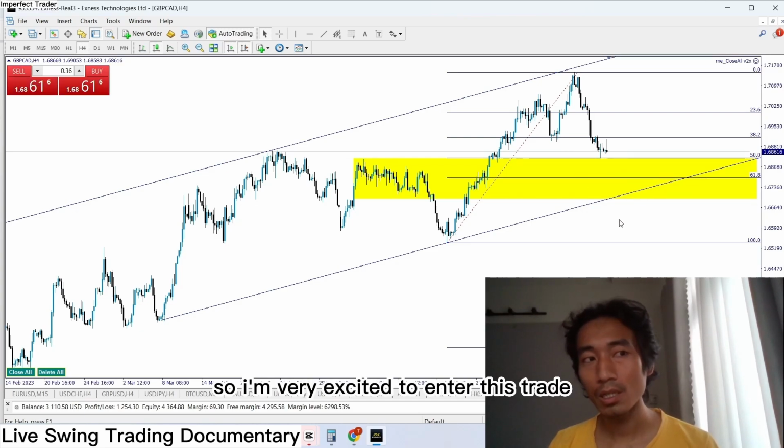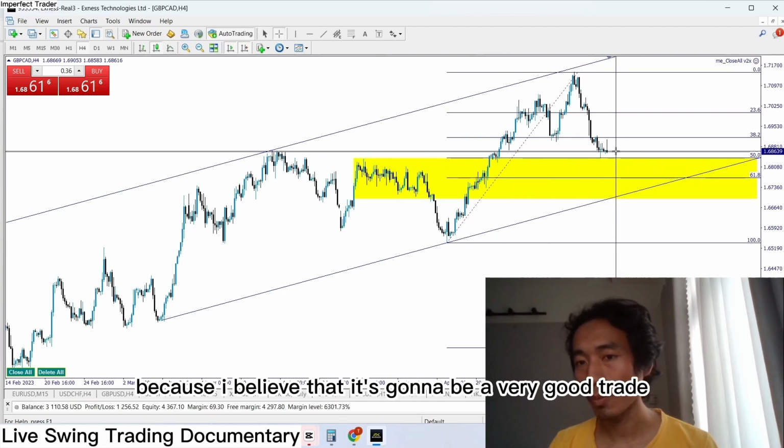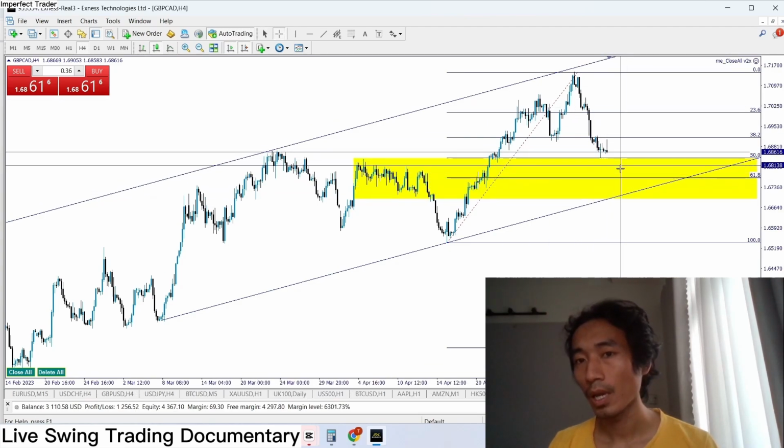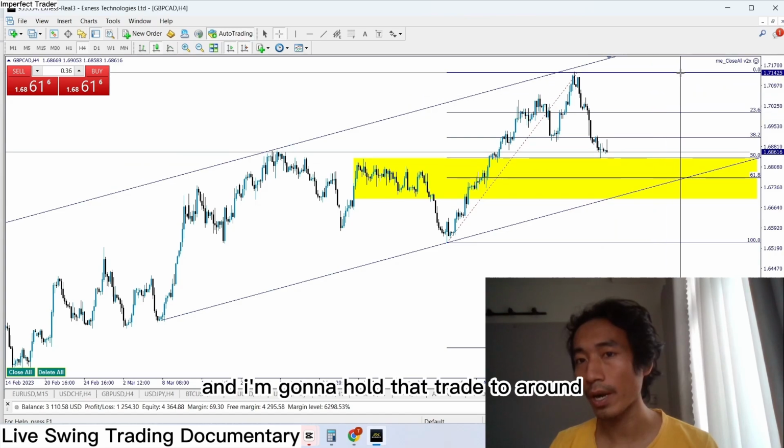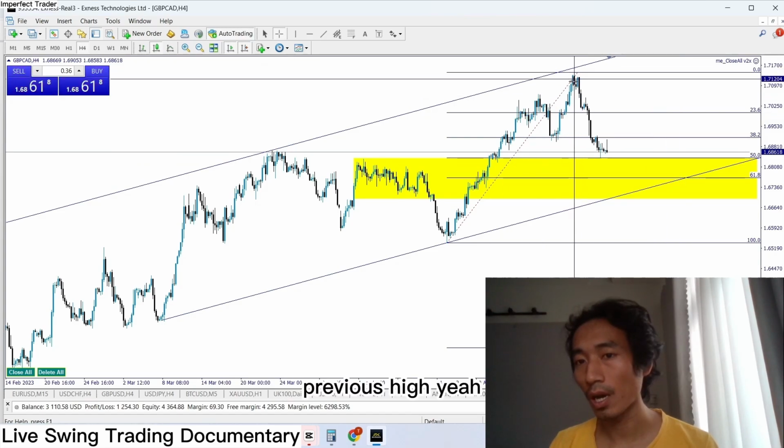So I'm very excited to enter this trade because I believe that it's gonna be a very good trade, and I'm gonna hold that trade to around the previous high.